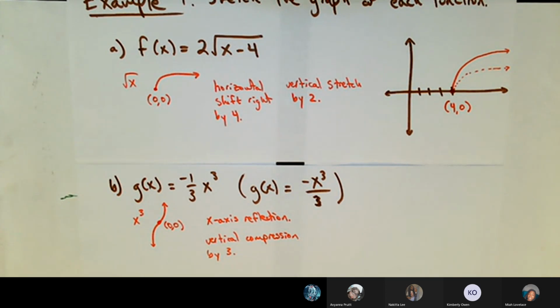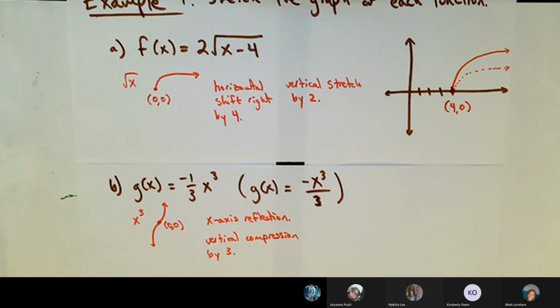If you said vertical compression by 1/3, I wouldn't say you're wrong either. It just depends on the context of your sentence. You could say the function g of x is being vertically compressed by a factor of 3. That's probably the most appropriate way to say it.